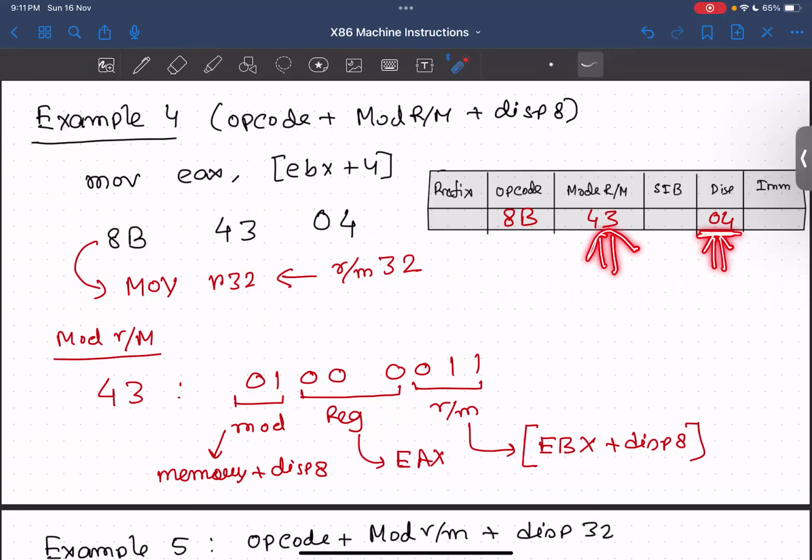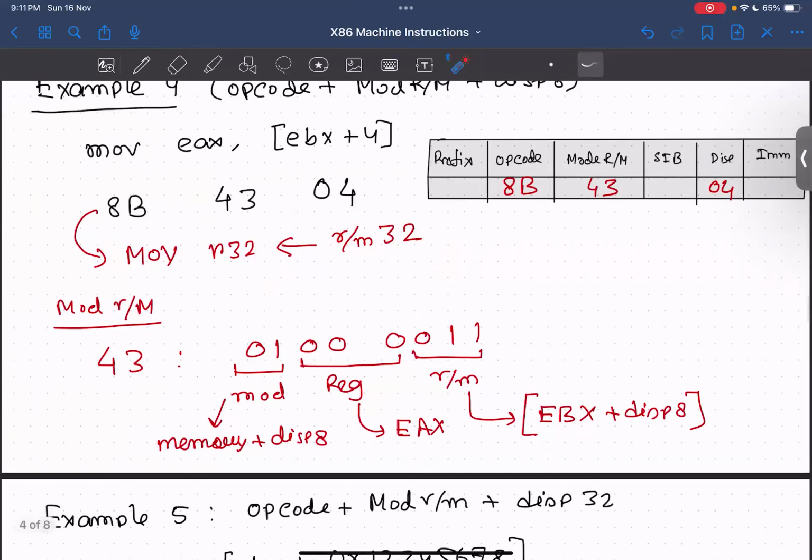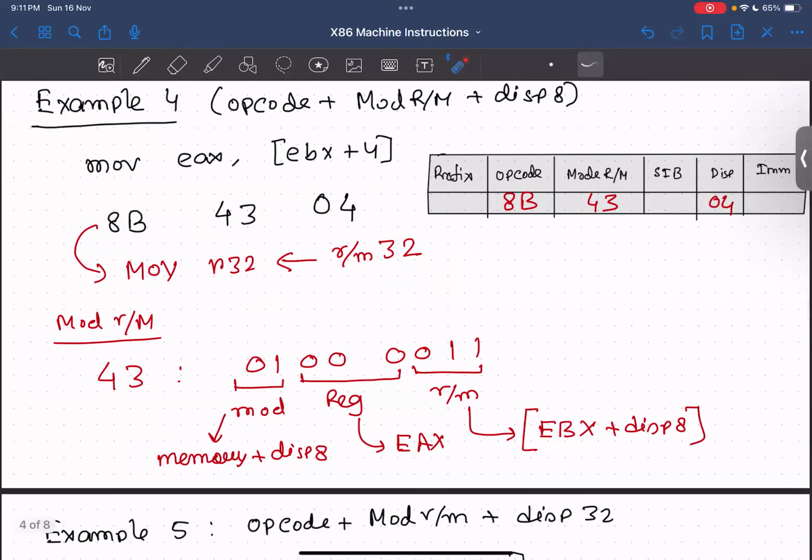Now, how do I know it's a displacement? I'll mention. Okay. So if I expand our ModRM, which is 43, we'll have 4, that is 0100, and 3, that is 0011. We know that the first 2 bits are the mod bits, which say 01. That means we have a memory operand with displacement 8. And the second, reg bits, mention the destination register, which is 000.